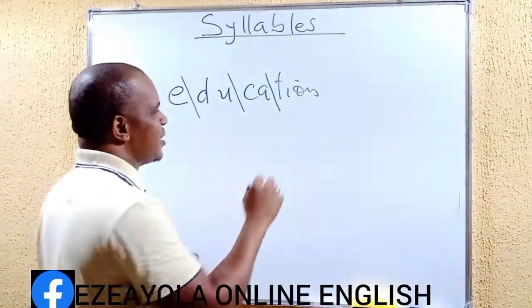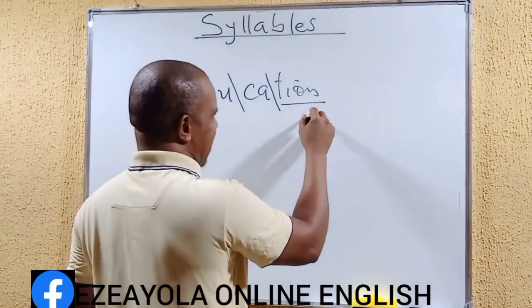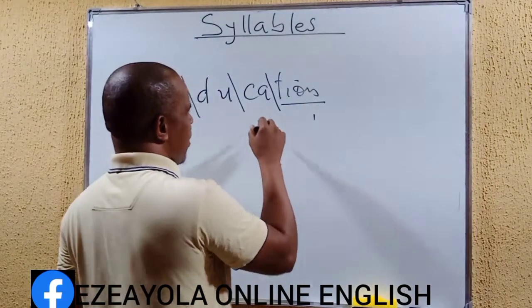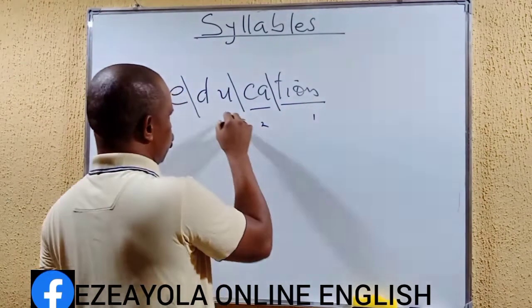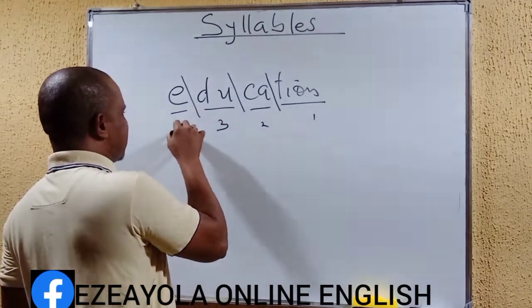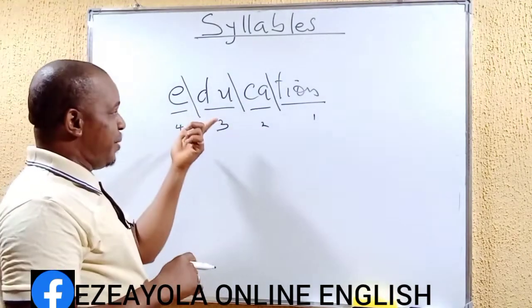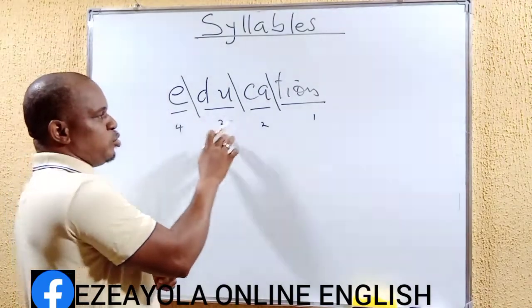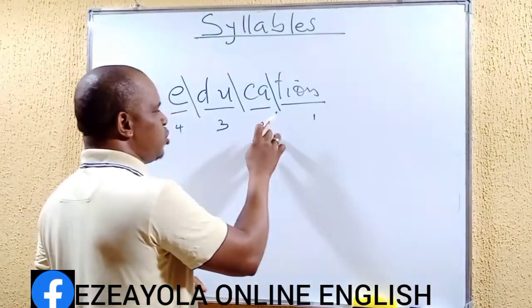This is seen as syllable number 1, syllable number 2, syllable number 3, and the last syllable, okay? We could begin the numbering from here, 1, 2, 3, 4.